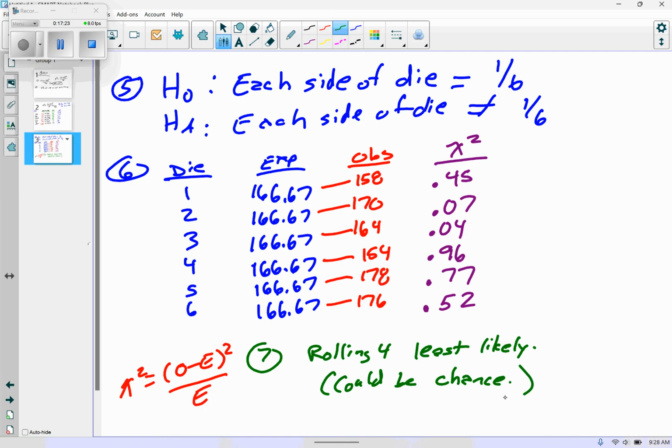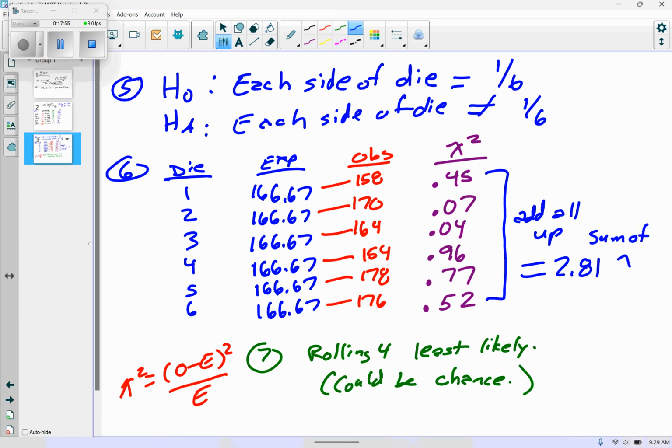So I have 0.45 plus 0.07 plus 0.04 plus 0.96 plus 0.77 plus 0.52, which equals 2.81 as my sum of chi-squared.